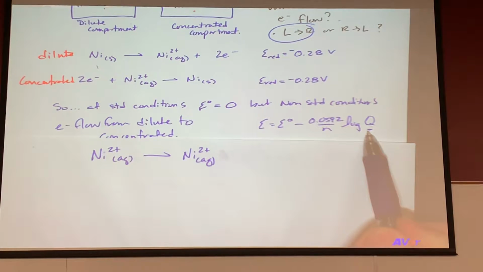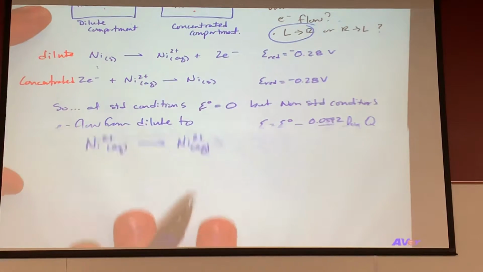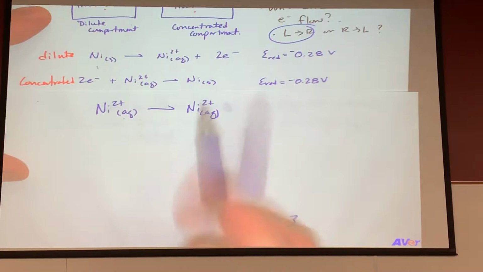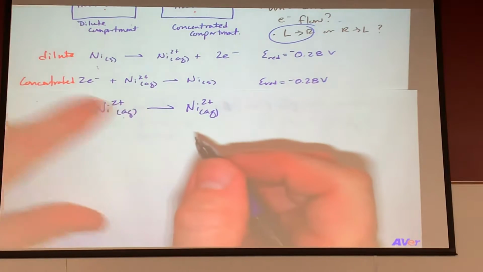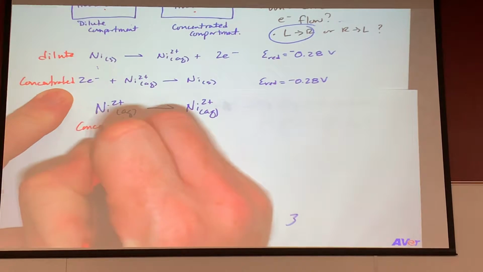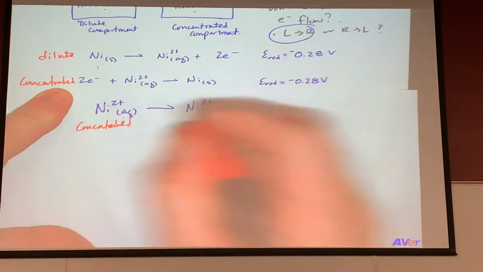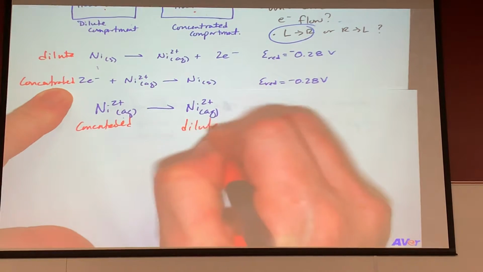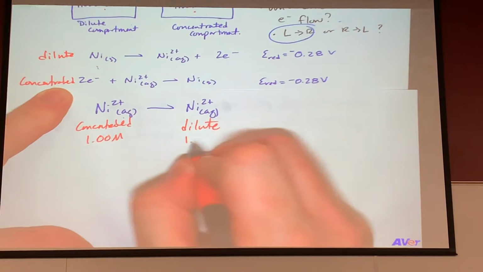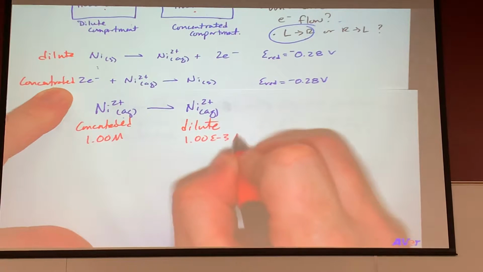No. So for the concentration cell, you're only interested in the concentrations of the ions. And this is going to be, they will color code this, concentrated and dilute. And I'll write in the concentrations below, 1.00 molar, 1.00 times 10 to the negative 3 molar.